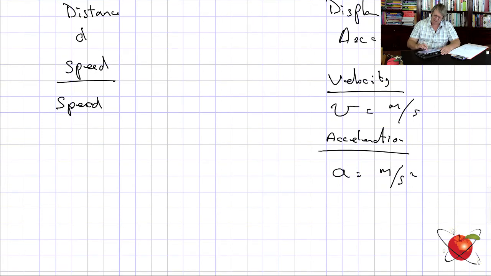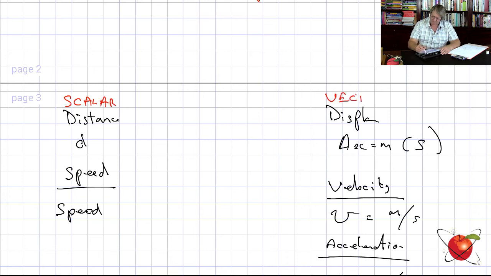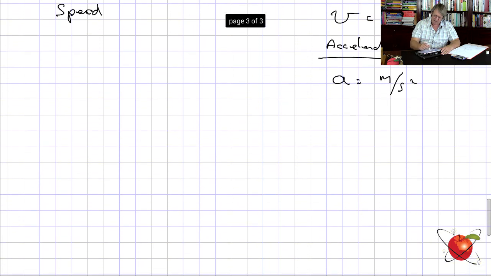Now just lastly, let's remember that these here are scalar and these are vector quantities. Even acceleration, of course it is. Acceleration is a vector. Let's look at why.